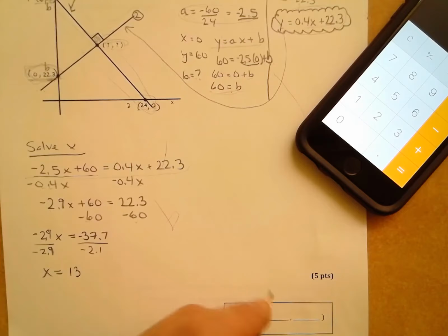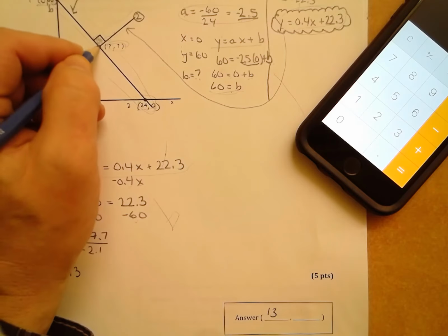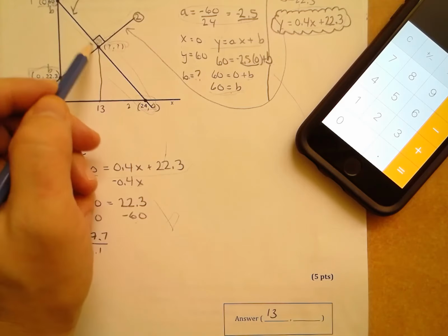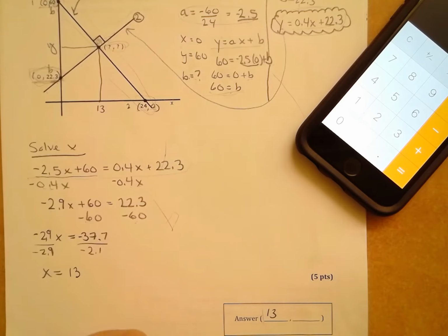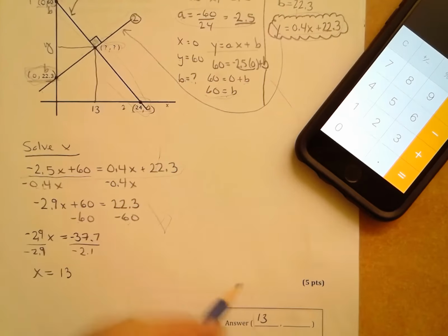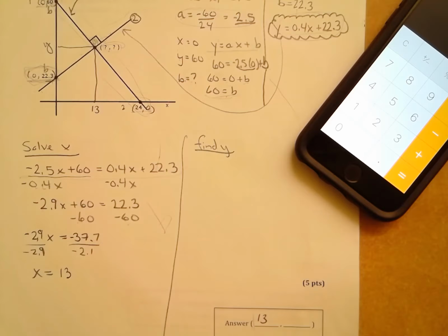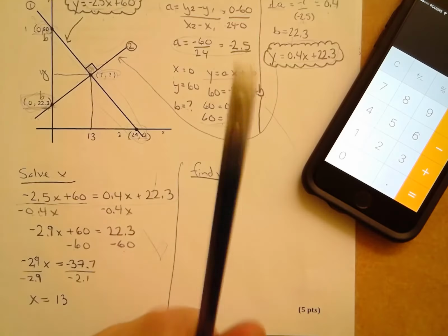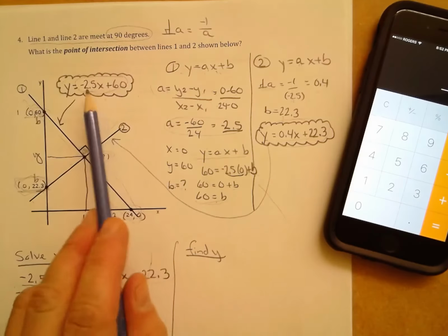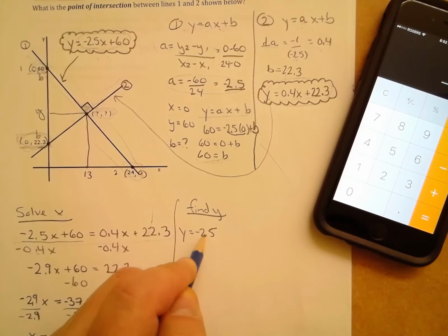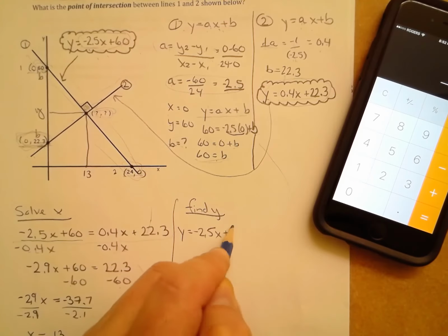So at the bottom here, I can tell you that the x is 13, which on the graph means that x, excuse me, is 13. And we're looking for that matching y still at that point. So we have to find y. And the way we find y, once again, is to plug that known x into one of the 2 equations that we learned previously. So y is equal to -2.5x plus 60.